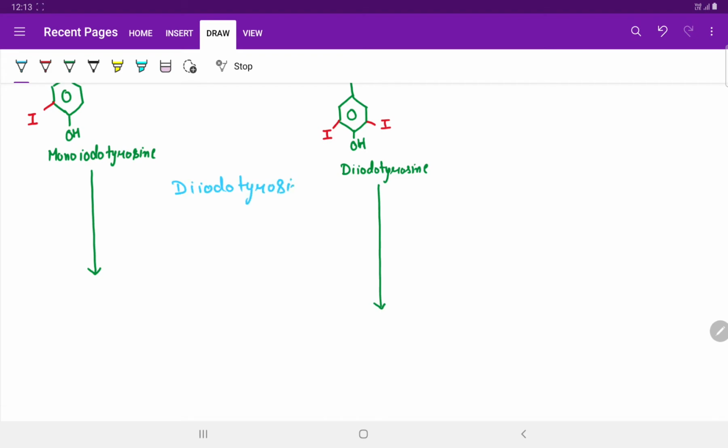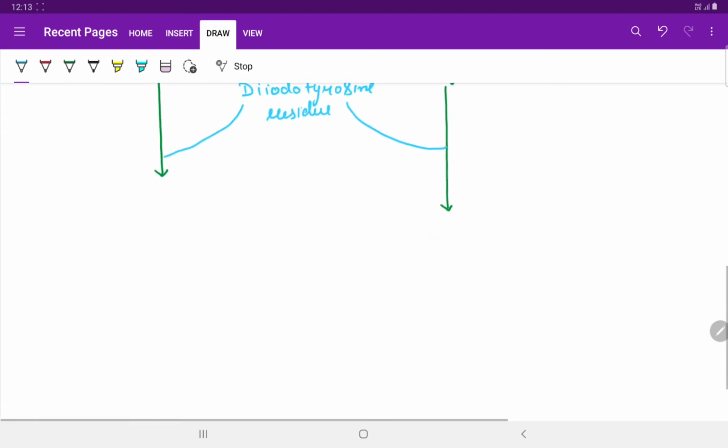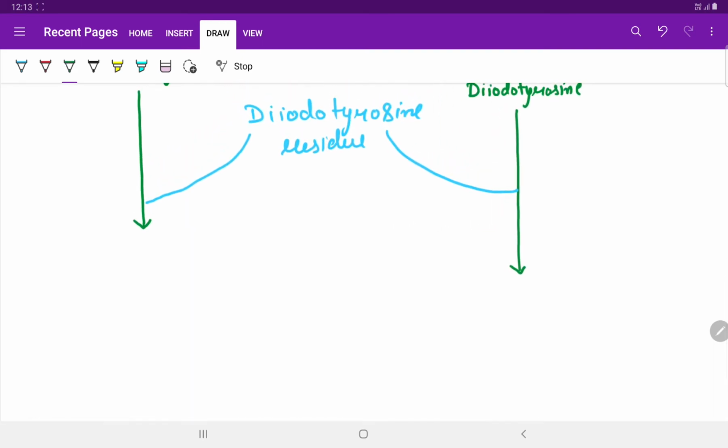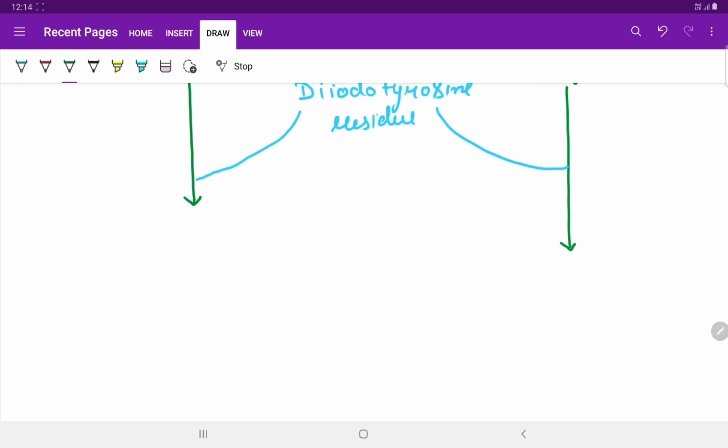Now the diiodotyrosine residues both contribute to the formation of T3 and T4 hormones. So first of all is the formation of T3 hormone, that is also known as triiodothyronine. So now let us draw the structure.